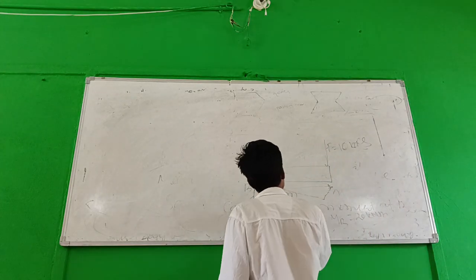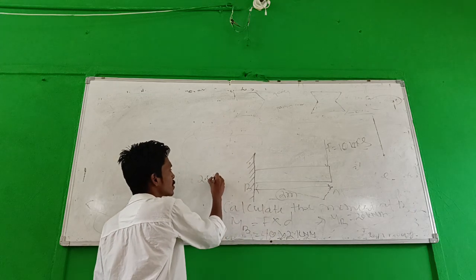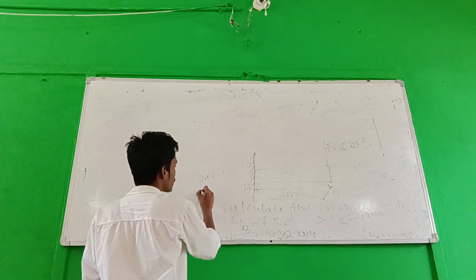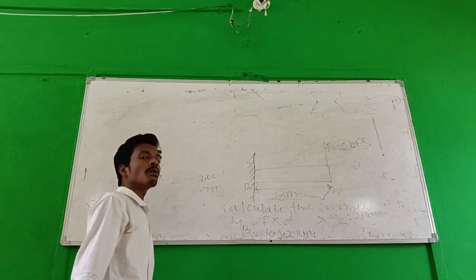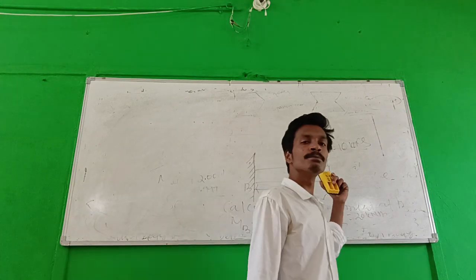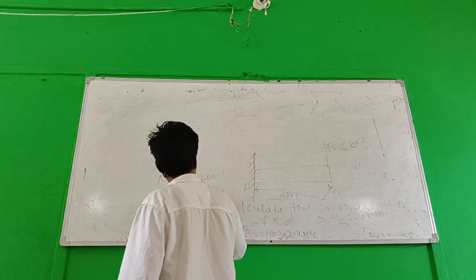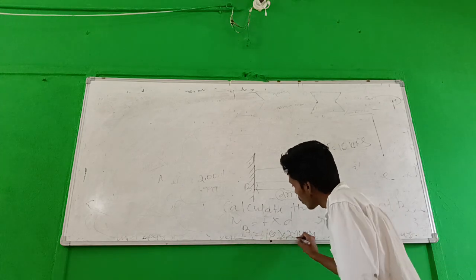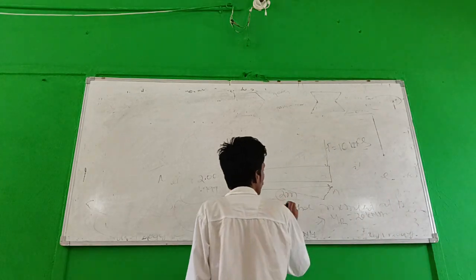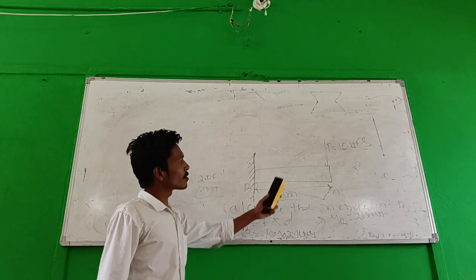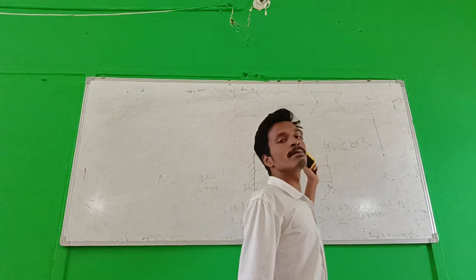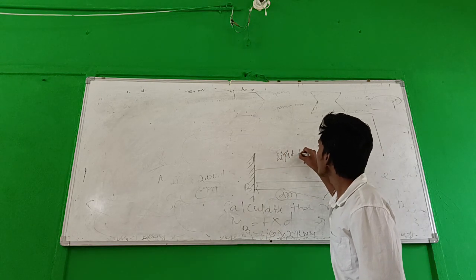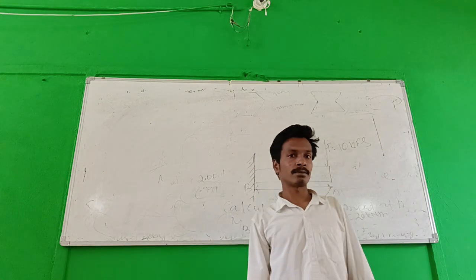Maybe it becomes 2.0001 or 1.999, whatever small changes happen. Then my calculation will be tough, so we are not going to consider small changes. We consider this beam as a rigid body to make our calculation easier.